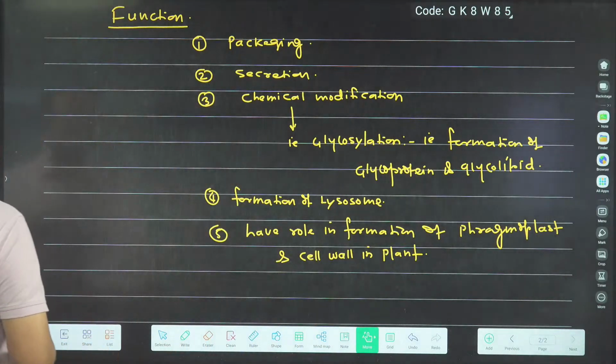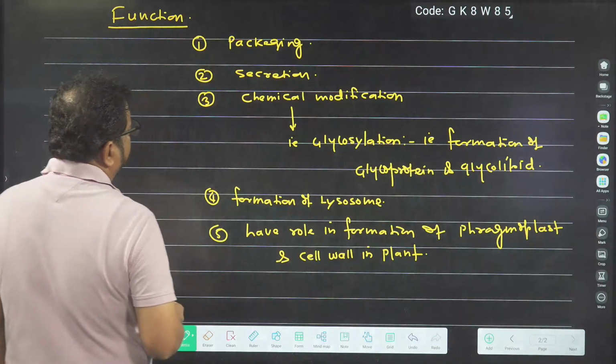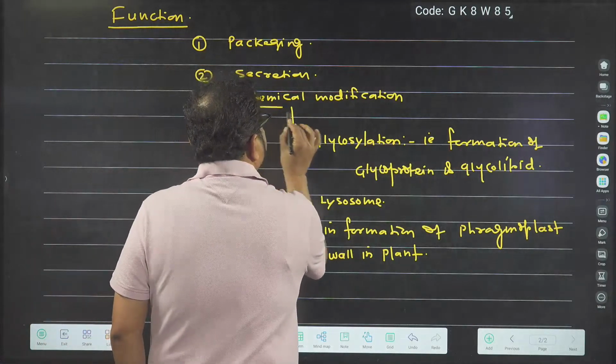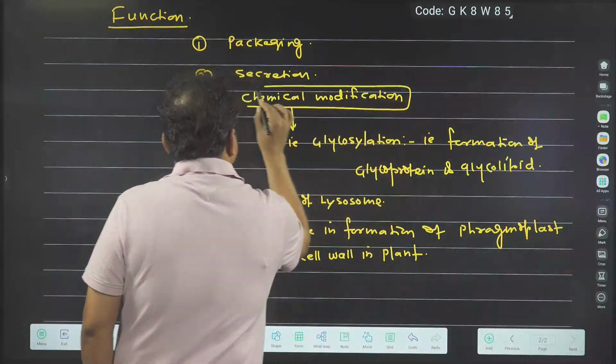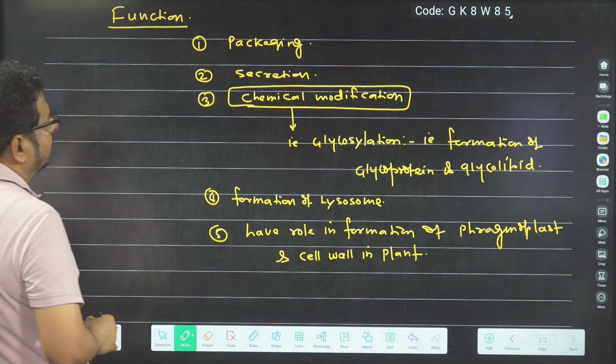Now I am telling about how the things are going on during the process of chemical modification. How does this chemical modification occur? Got the idea?